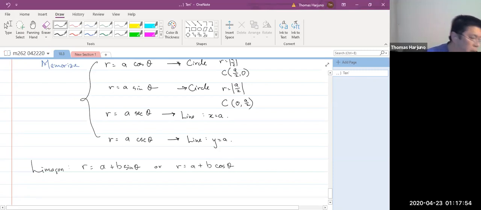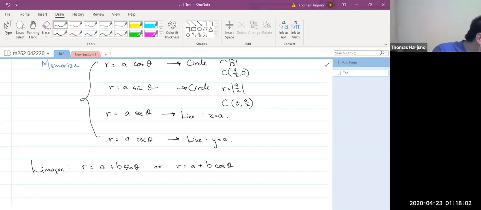Basically a constant plus or minus some coefficient times sine theta or cosine theta. Our textbook only gives one example. I will do more examples, but I will use my software to speed it up.